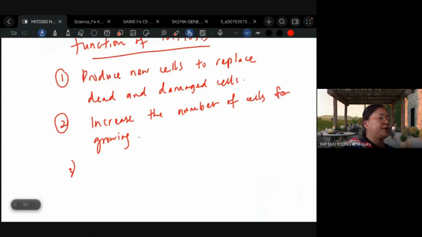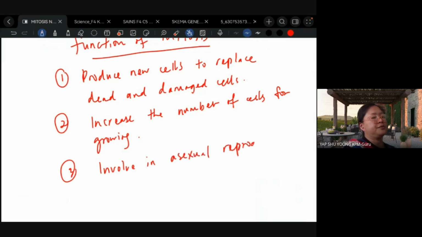The third one is involvement in asexual reproduction. Asexual reproduction means, for example, a plant produces a small plant without involving the male gamete and the female gamete.